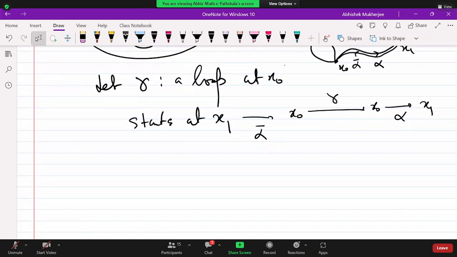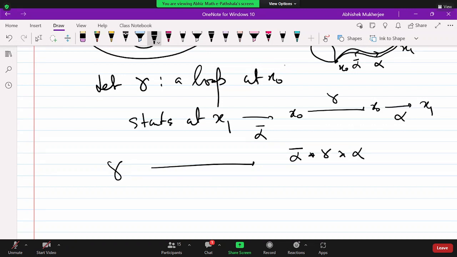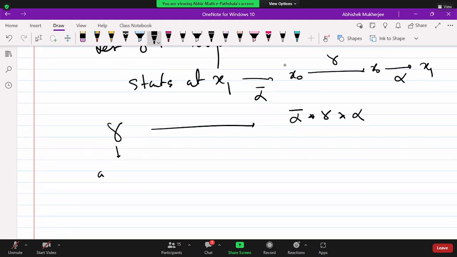That means you are defining some loop based at x1. Corresponding to this gamma, you are considering this loop, right? So this is a loop at x naught, and this will be a loop at x1.